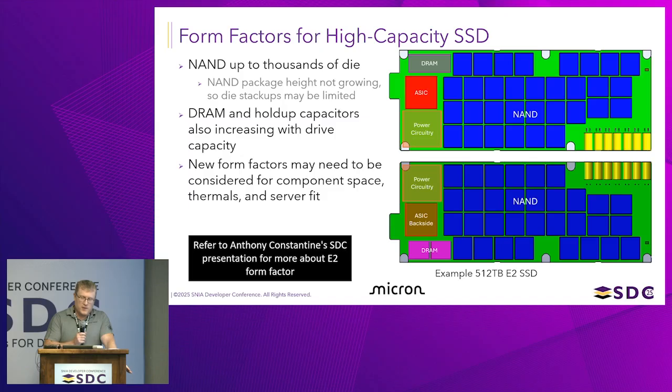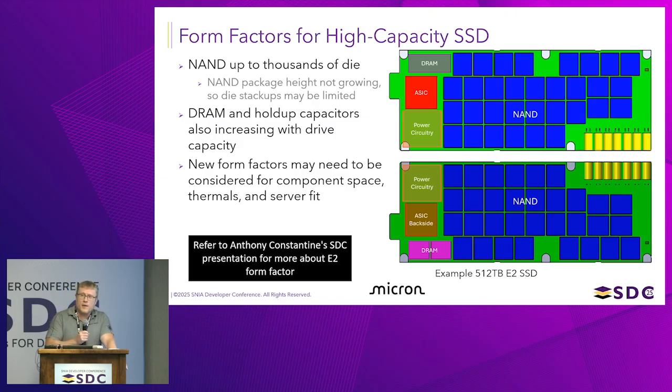Obviously, you can increase the NAND die stacks, so you can have up to 32 in each package. That has its own drawbacks. Similar to the DRAM, you may run into having to run the NAND interface at a lower speed to support that for signal integrity and other problems like that. But here I am using up all this space with the NAND, even on this new form factor, and I've still got those yellow boxes there.